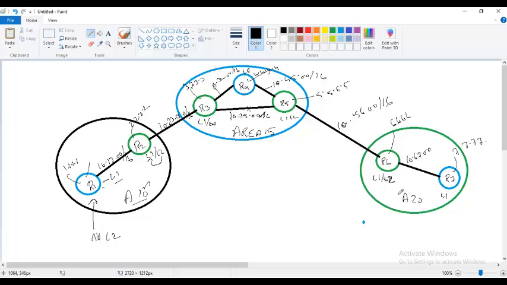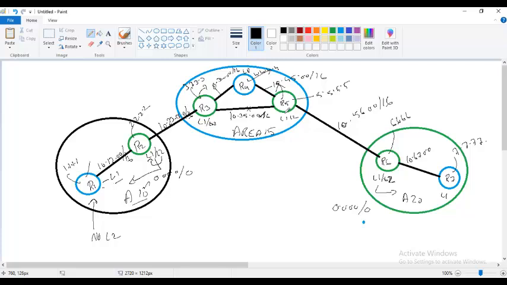Then how will R1 ping R7? It will ping. How? This L1 L2 router will inject a default route. Automatically, a default route will be injected by L1 L2 router. You see, in OSPF to achieve this, you need to create stub area.